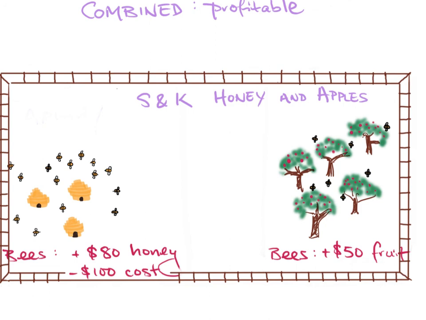Then there's the fruit. When they think about the profit to their collective farm, the bees bring $130 to their collective farm and cost their collective farm $100. It's profitable for them if they merge their business interests.